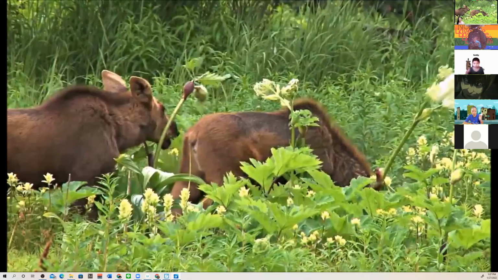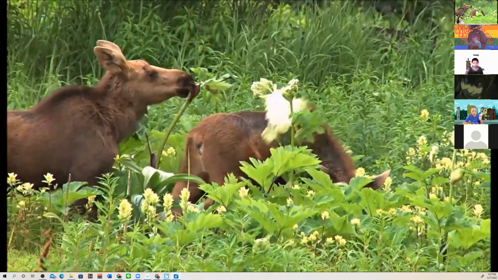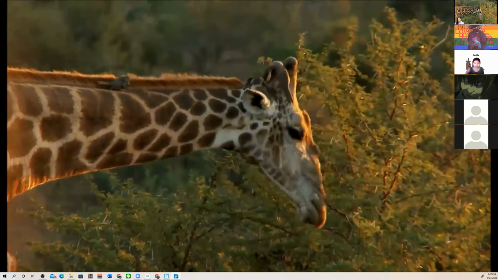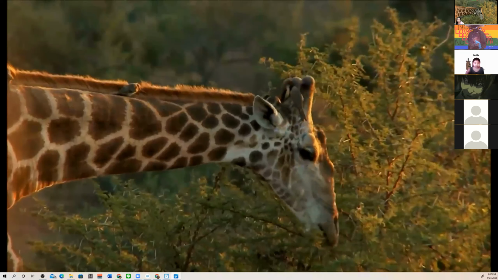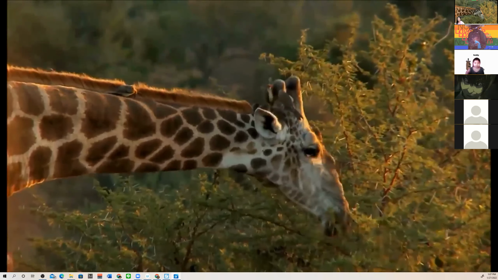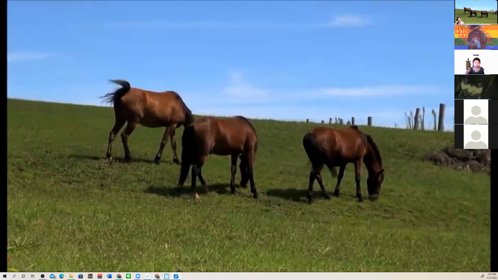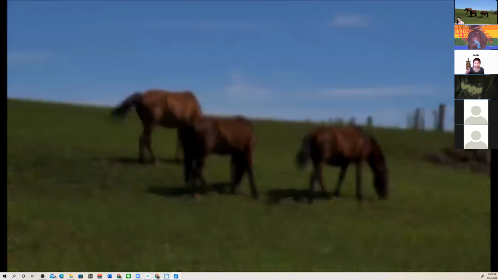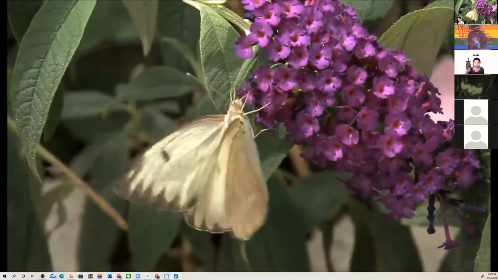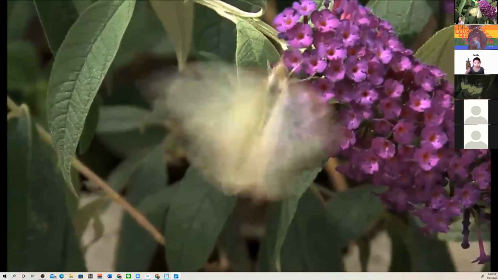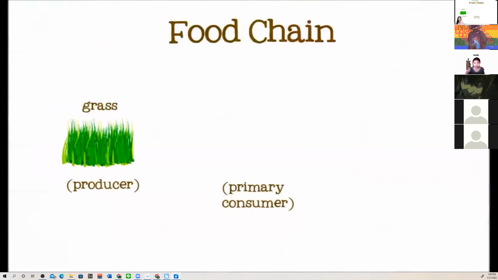A consumer in a food chain that eats plants is an herbivore. When an animal eats plants, some of the energy the plant captured from the sun is transferred into the animal's body, where it is used for things like moving, breathing, and growing. An herbivore is called a primary consumer. Primary means first, because an animal eating plants is the first consumer in the food chain.